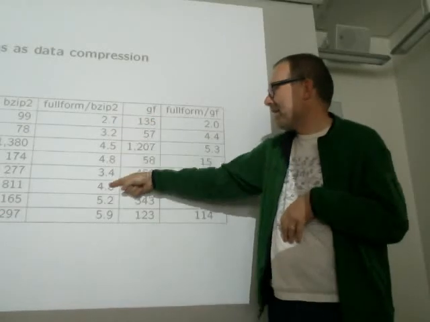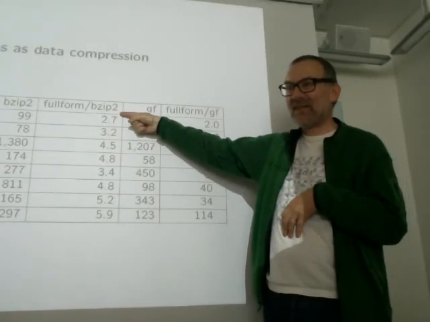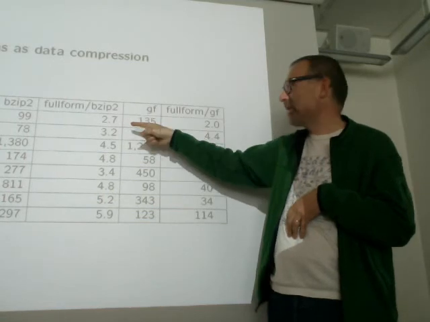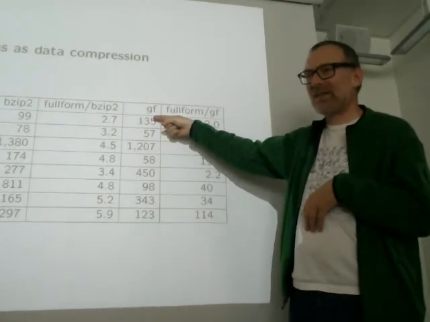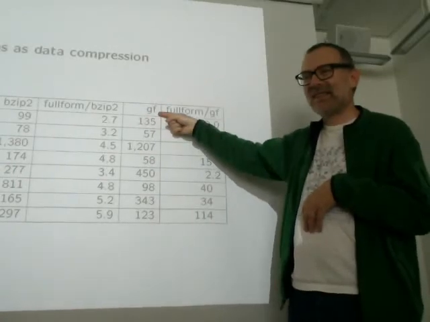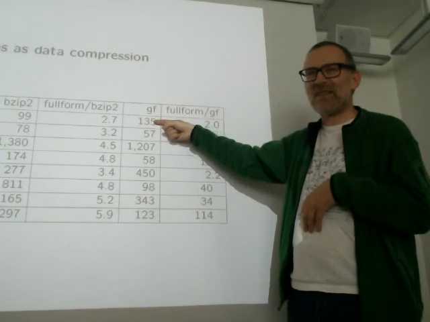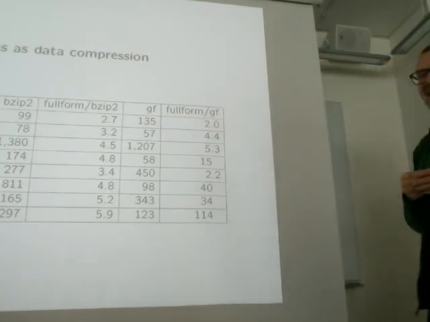So this is the compression rate that you have, but by bzip2. Then we have the GF code size, which now includes both the smart paradigm applications, the lexicon, and the definitions of the smart paradigms themselves, because that's what you need in order to do the decompression.